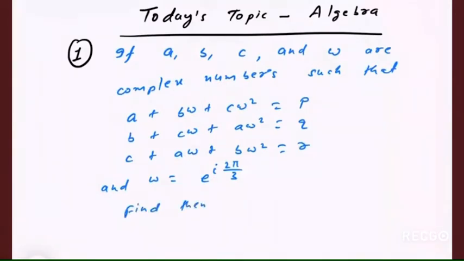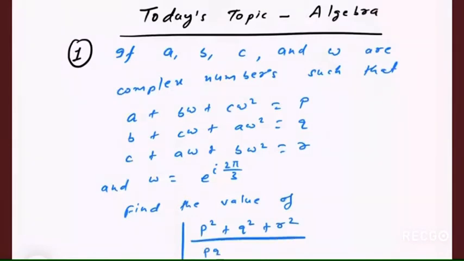Then we have to find the value of mod of P square plus Q square plus R square whole divided by PQ plus QR plus RP. And since A, B, C and omega are complex numbers, P, Q, R are also complex numbers.